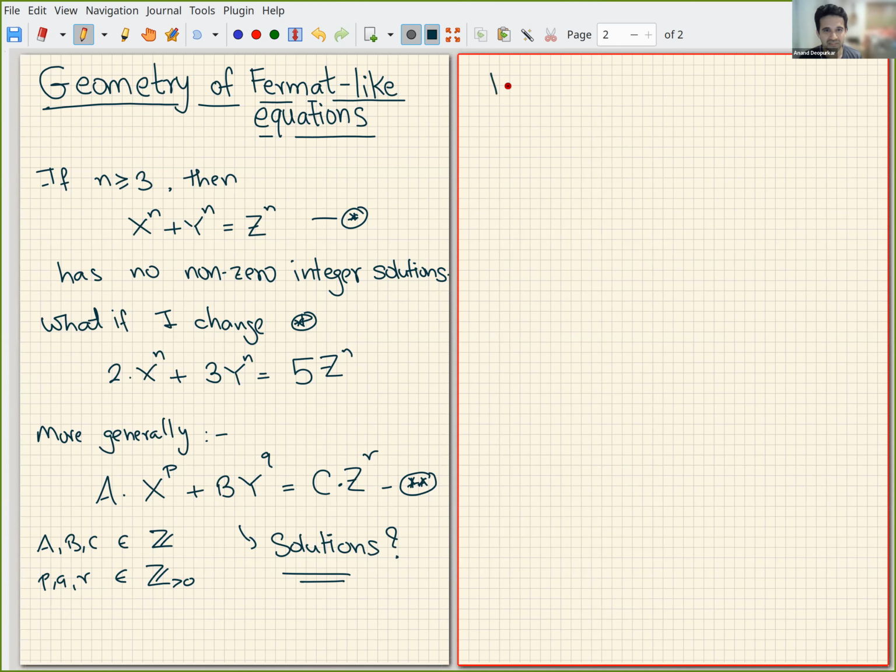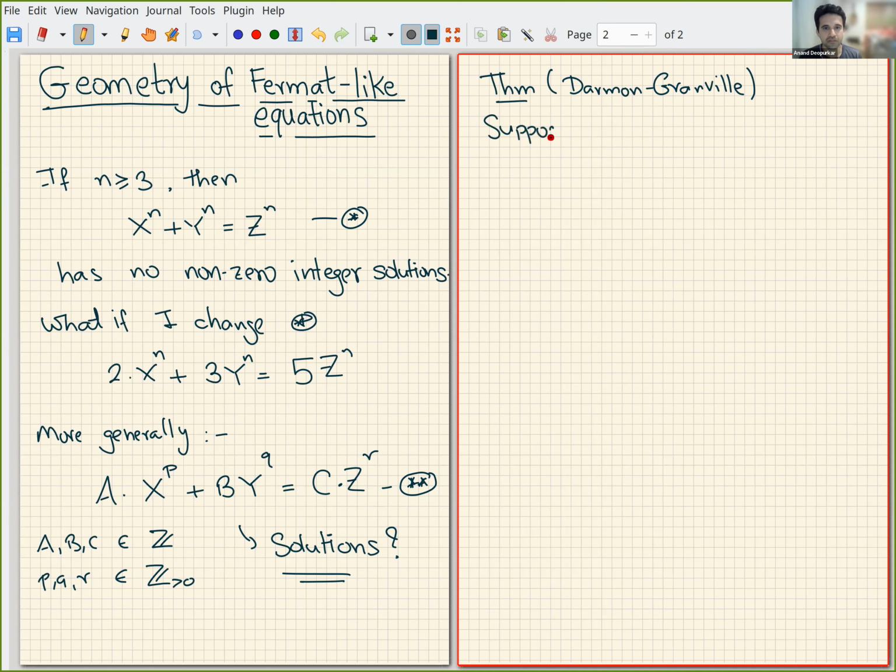The main theorem for today is a pretty old theorem, by Darmon and Granville, that says that under some conditions, if p, q, r are sufficiently big, okay, if you take something like p equal to 1, q equal to 1, then obviously this is going to have lots of solutions. But if p, q, r are sufficiently big, and more precisely, that means the following.